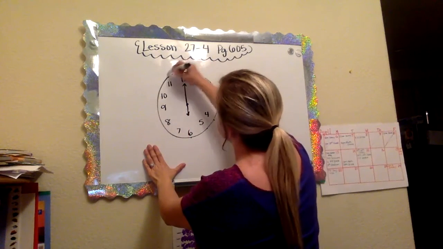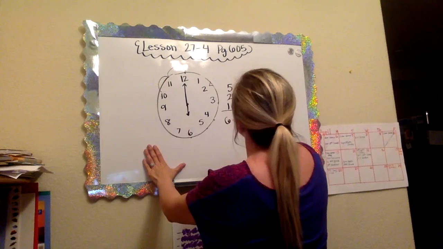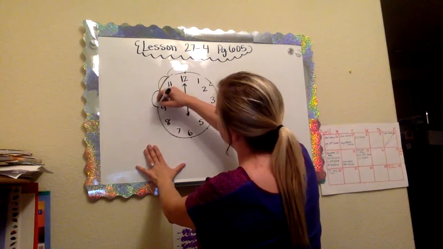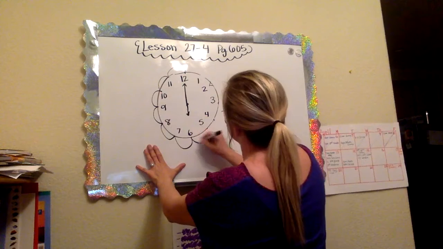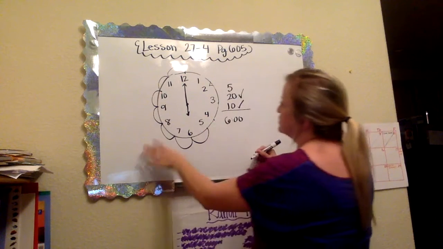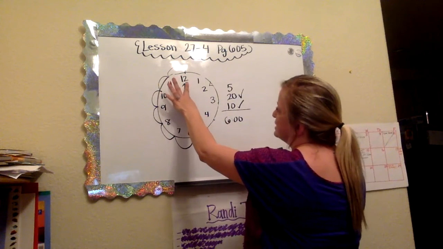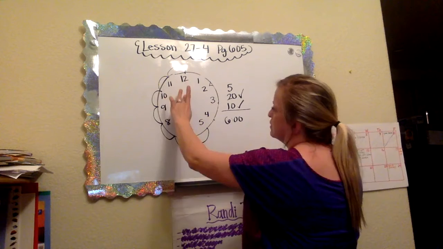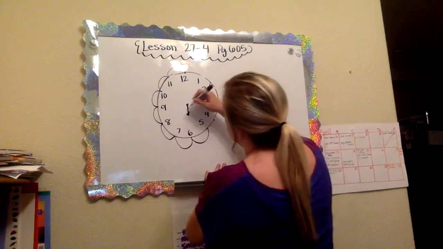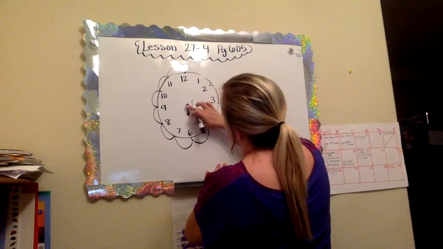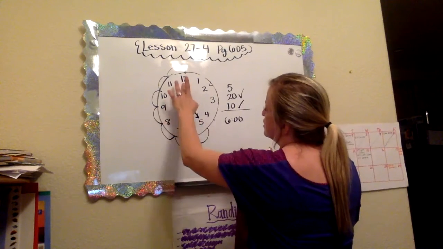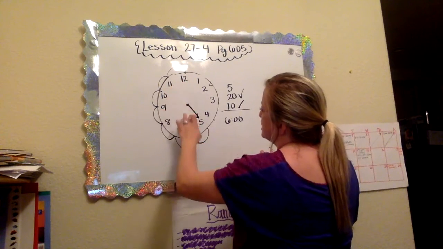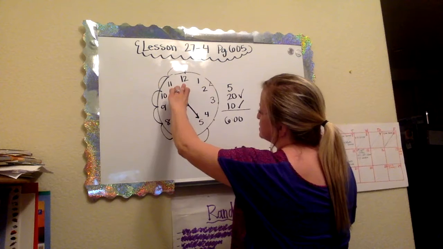I'm going to jump back 10. Check. Now 20. 5, 10, 15, 20. Check. And 5 minutes. So now my minute hand is going to go all the way to the 5. And it's no longer 6 o'clock, because my minute hand was at the 12, which made it 6 o'clock.